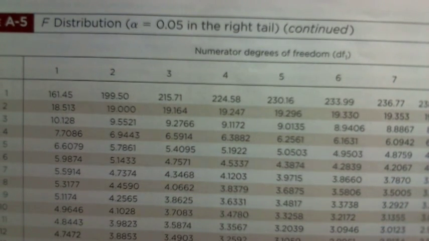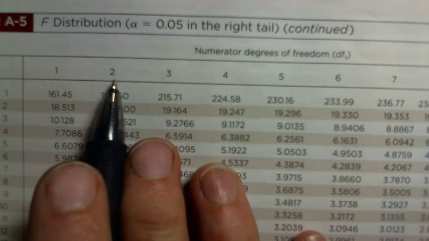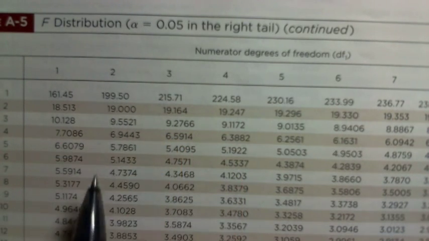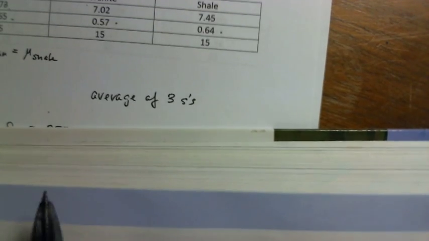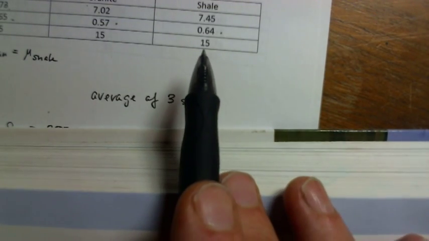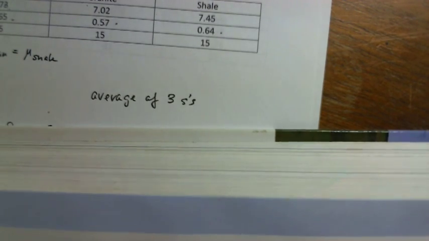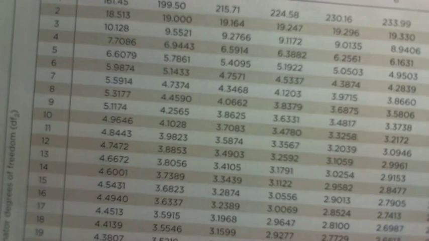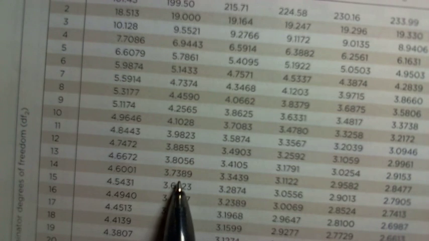The numerator degrees of freedom, since there were 3 different x bars, there are 2 degrees of freedom in the numerator. Since each of our standard deviations was based on a sample size of 15, there are 14 degrees of freedom in the denominator.